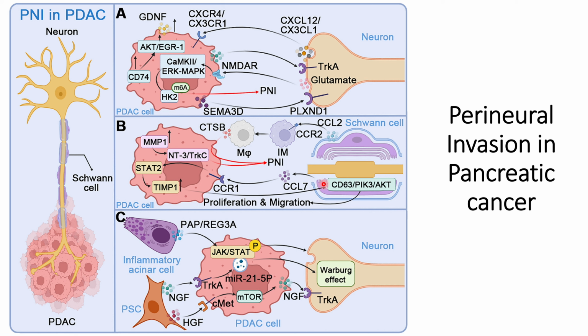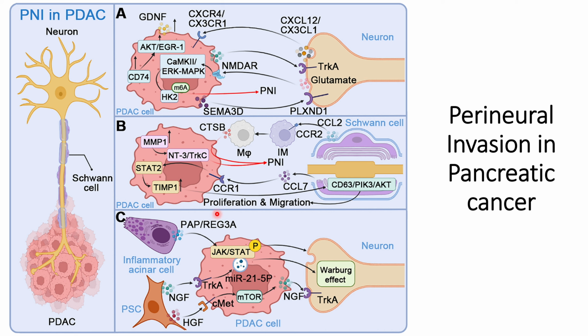SIS1 cells release the cytokine CCL7, which interacts with CCR1 and causes STAT2 upregulation, and that finally leads to the TIMP1 upregulation pathway. This pathway causes proliferation and migration of the pancreatic cells towards the SIS1 cells.